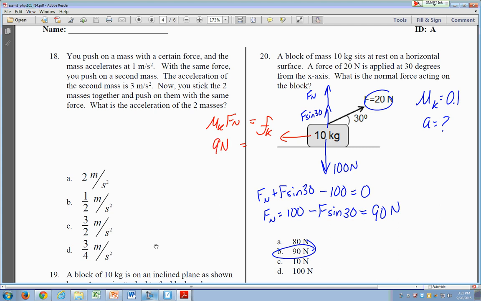And I have another force over here that's 20 cosine of 30. Those are my only forces in the x direction, so I just say 20 cosine 30 minus 9 newtons. Oh, this is going to be problematic, right? Because this comes out to be 8.